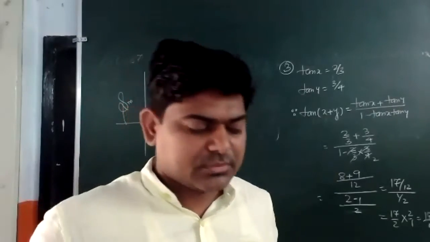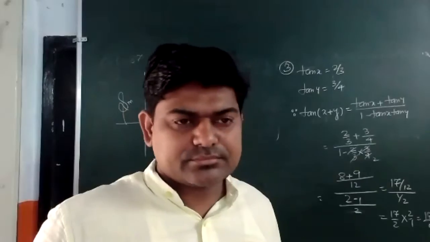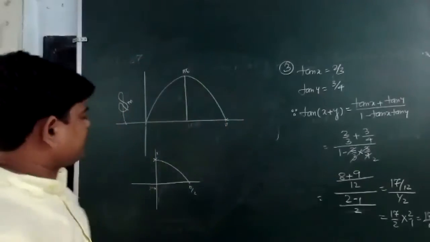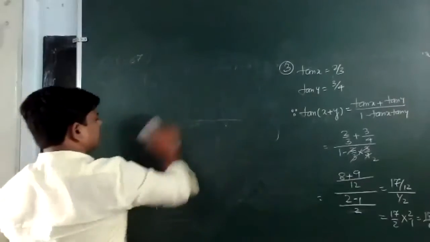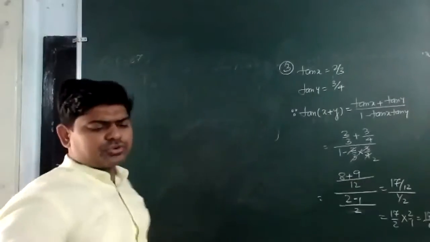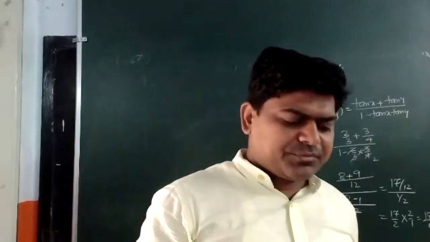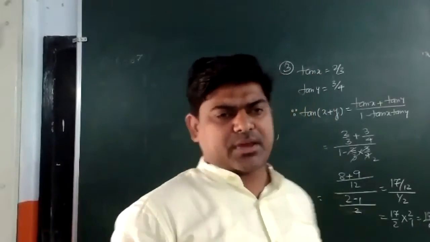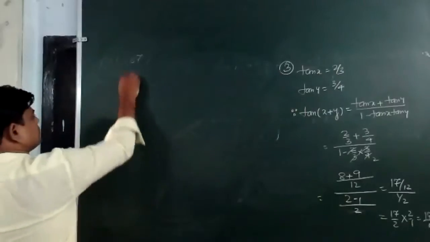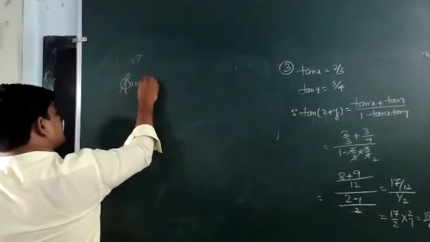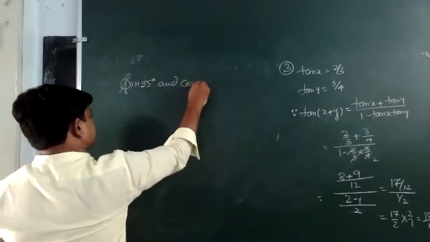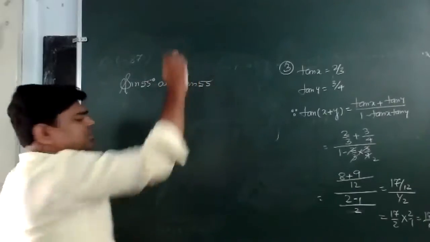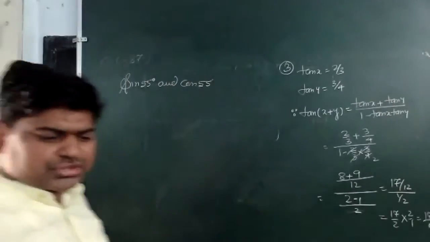There are two values, one is sine 55 and one is cos 55. I have to check which one is the larger one. The question is there, na?